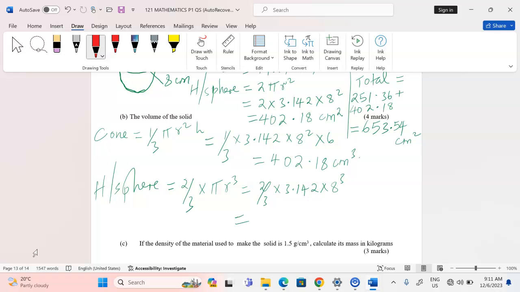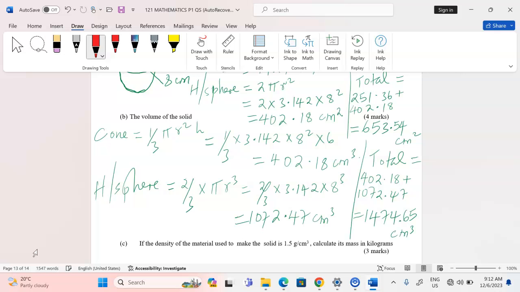This is going to give us 1072.47 cubic centimeters. Therefore now, for us to get the total volume, we will need 402.18 plus 1072.47. This is equal to 1474.65 cubic centimeters.